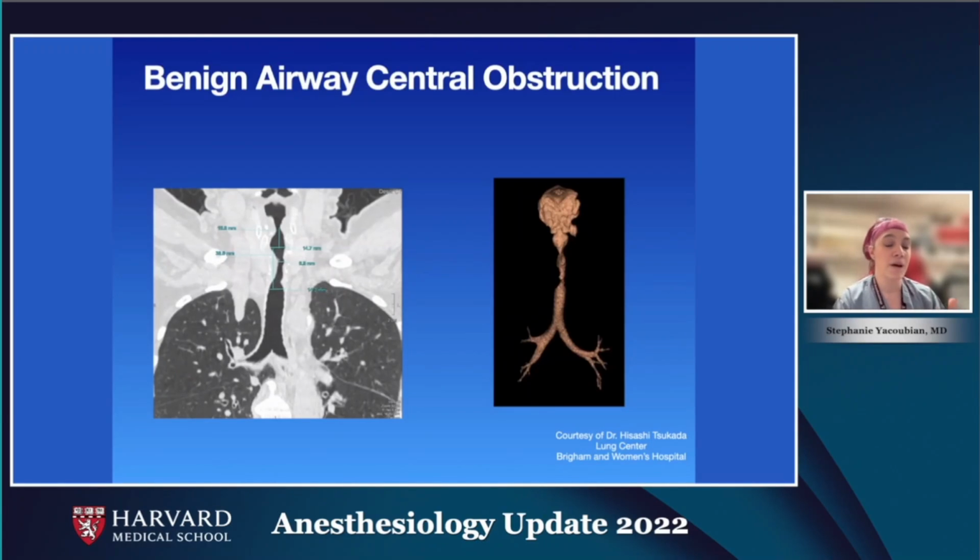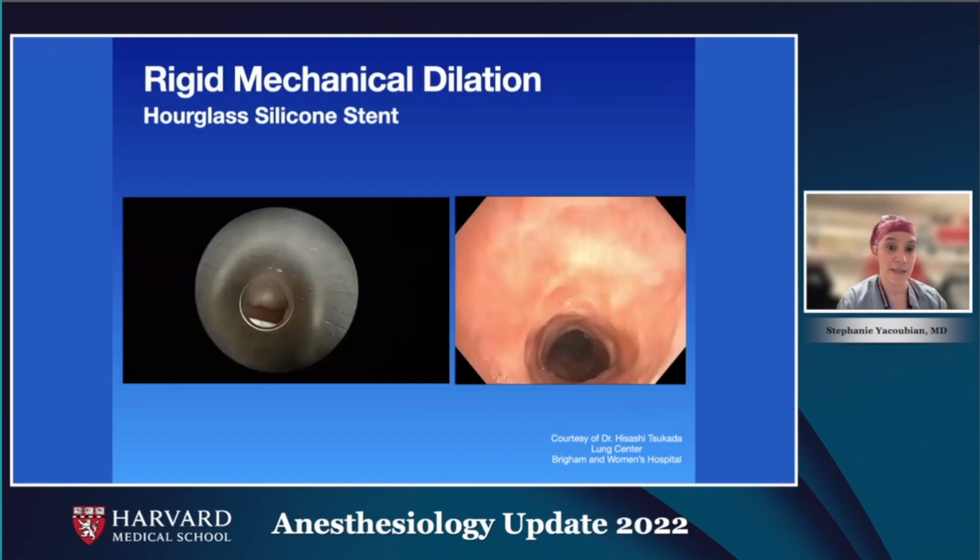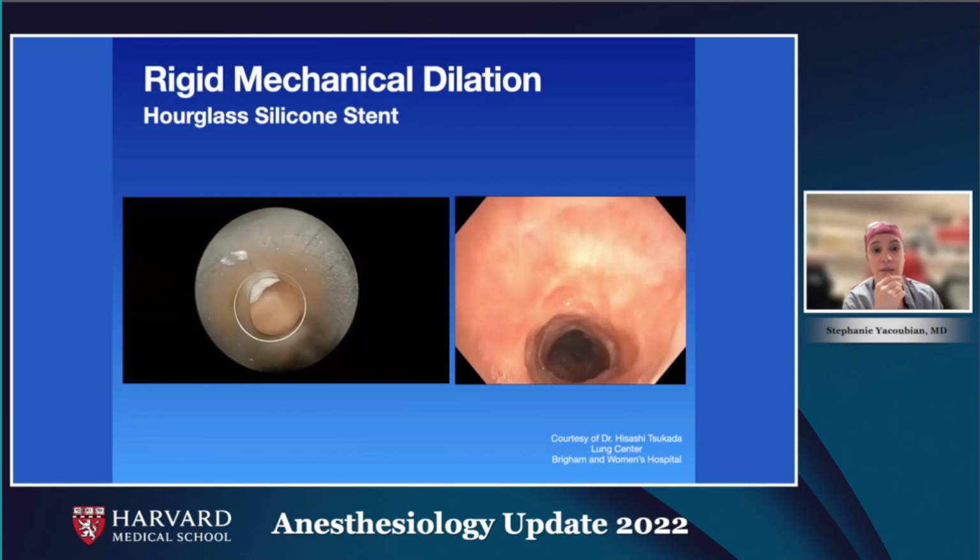And we can talk about what are some things you can do in order to bypass stenotic areas like that. Now, luckily, this is an example of this patient that I showed you the 3D reconstruction of. This is a patient who came in and had a rigid bronch.